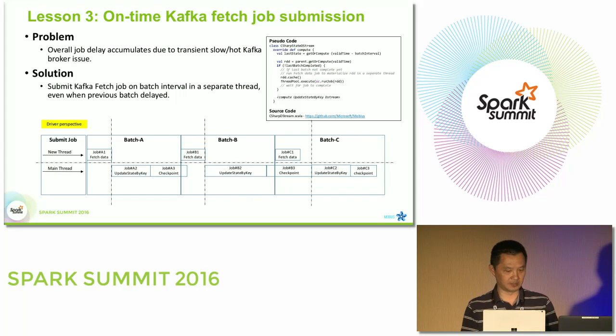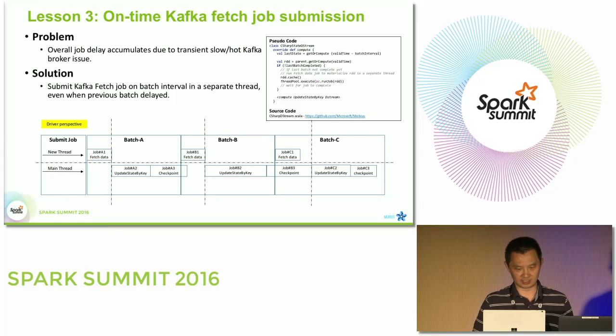But there is a little problem. The concurrent job doesn't guarantee the batch ordering required by our updateStateByKey based application. Basically, the application has two stages. One is the Kafka fetch, to fetch the data ingress, plus the updateStateByKey stage.